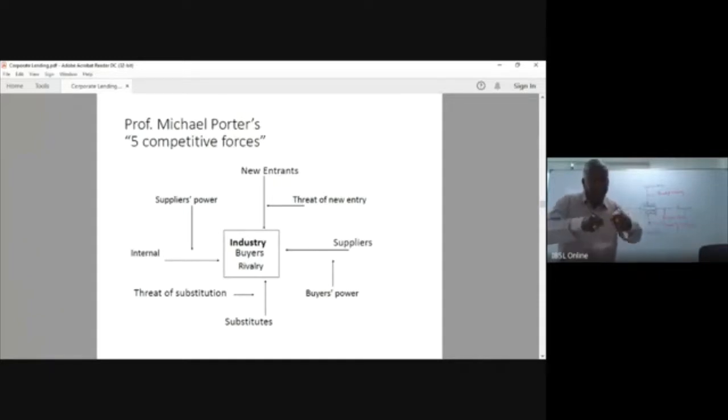The best company, the effective and efficient company, will have a better market share. The weak company will have a very small market share.